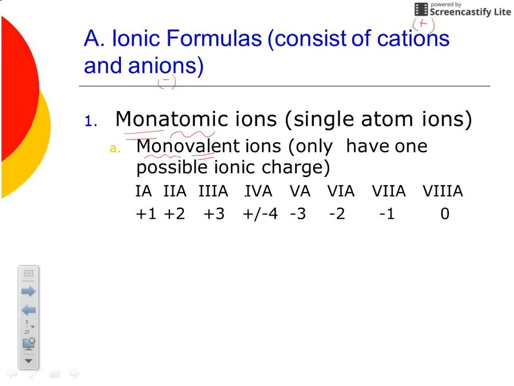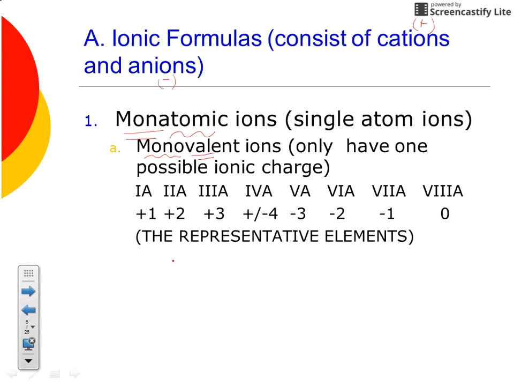And the group 4A's, remember, there are some that are +4, some that are -4. The 5A's are -3. The 6A's are -2 when they form their ion. The 7A's are -1. And remember, the noble gases are already neutral, so there's no reason to gain or lose electrons, so they don't form ions. This pattern is observed with our representative elements. So there's our monovalent monatomic ions.